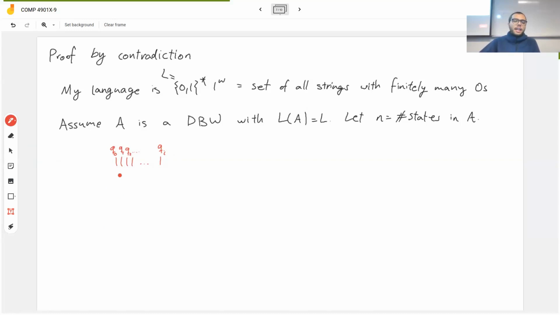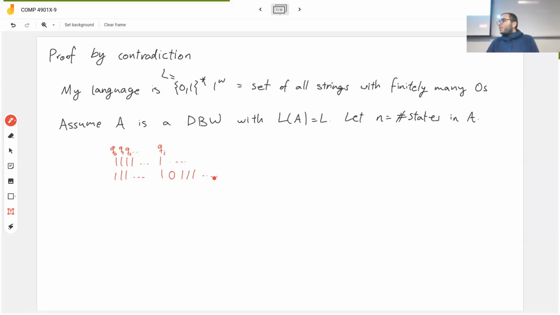So now, instead of this string, which was 1s all the way, consider the string that is 1s until position i, and then it's a 0 at position i plus 1, and then again 1s after that. This string also has finitely many zeros. It has only one 0.